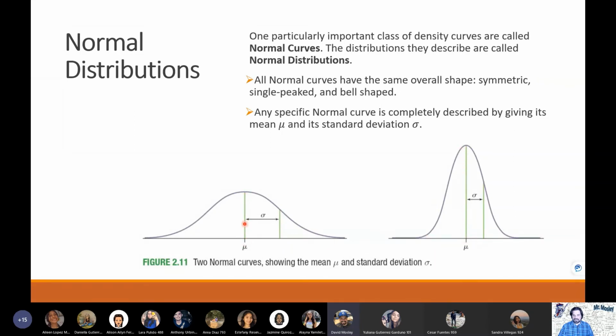We then have sigma, 1 standard deviation to the right, notated here, and from the mean to 1 standard deviation goes to here. And in this one, obviously it is less spread out, so the standard deviation is a little narrower.